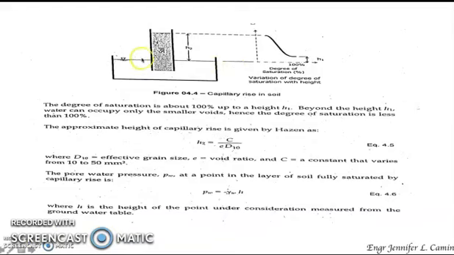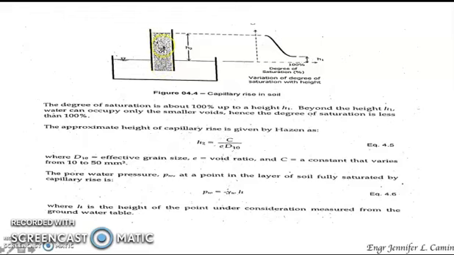We have a container that has water and a tube with soil inside. We place the tube on the container with the water. After a certain period of time, the water will rise, or move upward through the tube, through the pores of the soil.